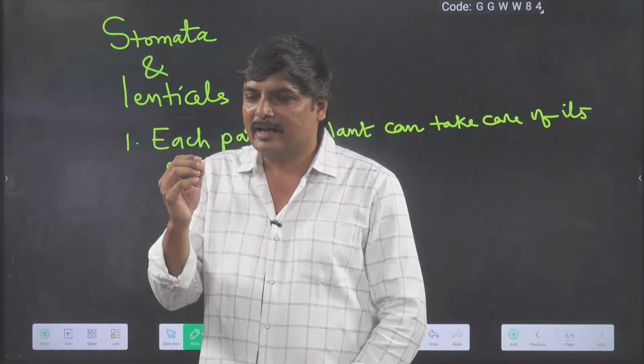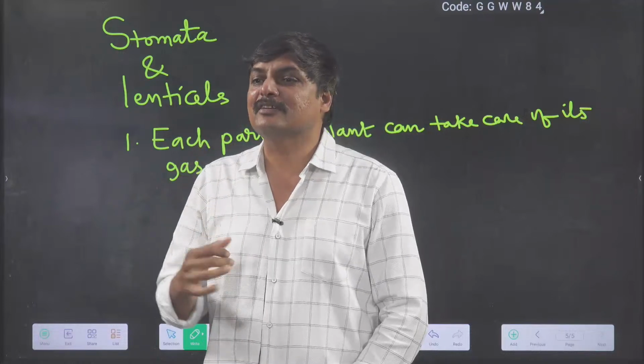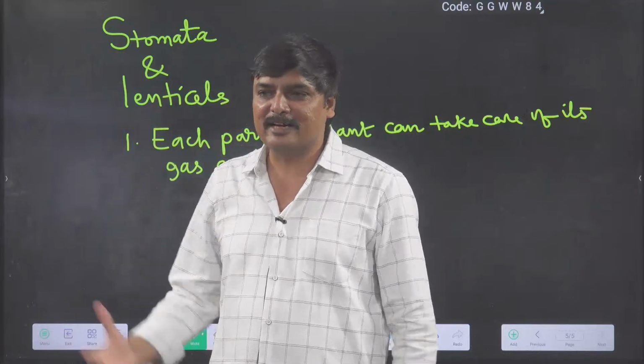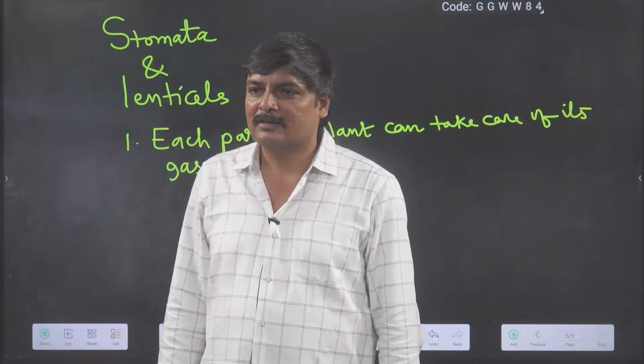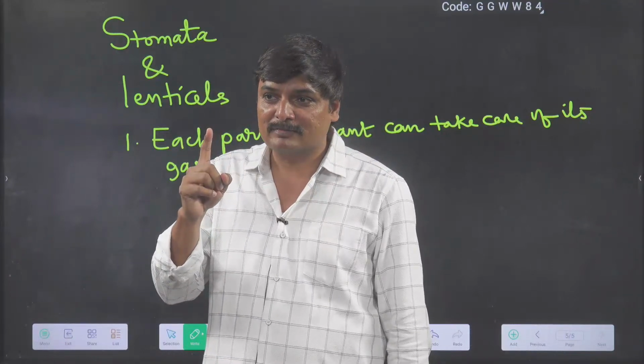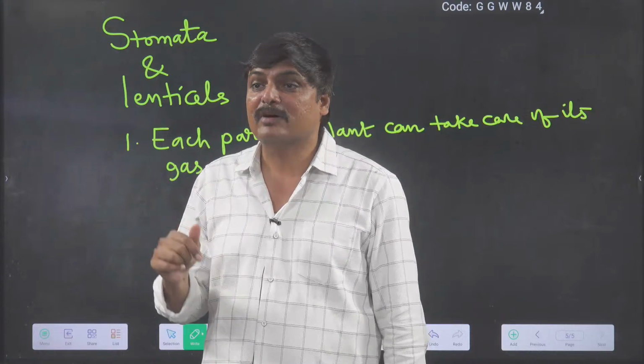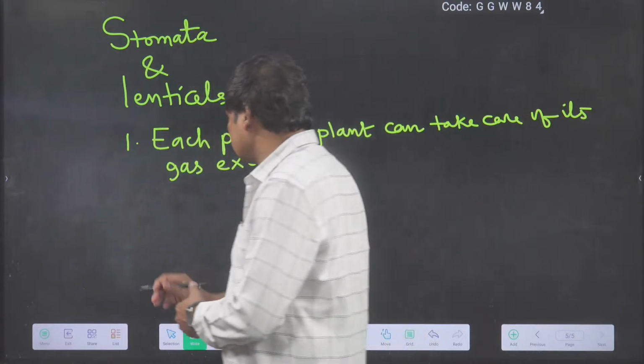So each and every part can manage its own respiration. This is the reason there is no need for respiratory organs. But in our body, only one part takes care of all these.